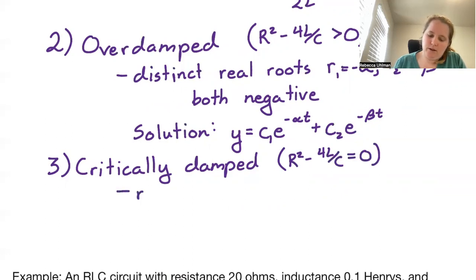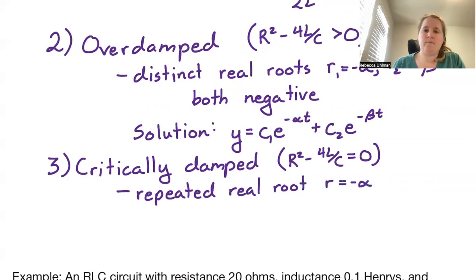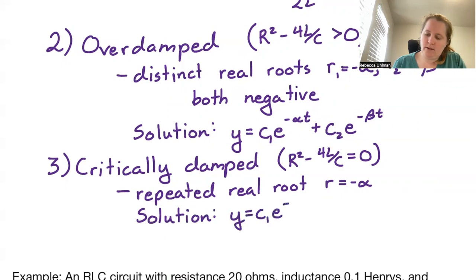And so we have a repeated real root, r equals negative alpha. And our solution is y is equal to C1 e to the negative alpha t plus C2 t e to the negative alpha t.